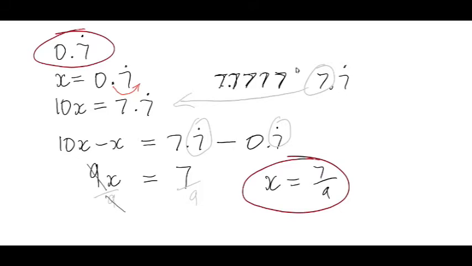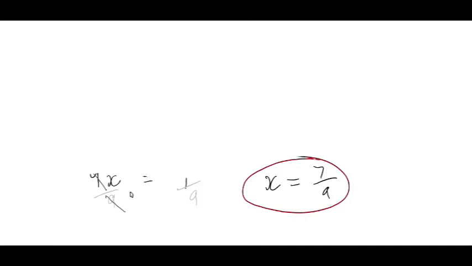We've said that 0.7 recurring becomes 7 over 9.